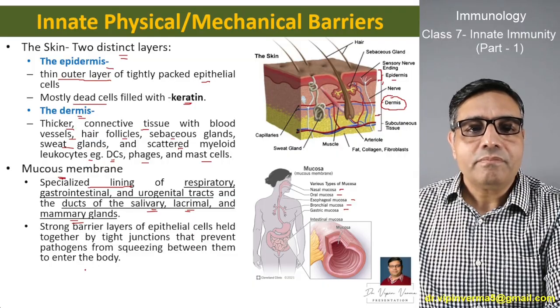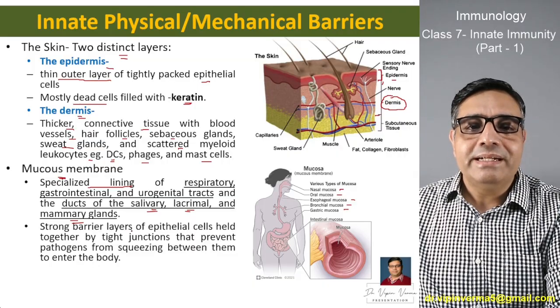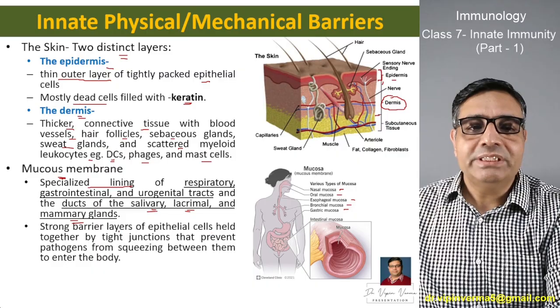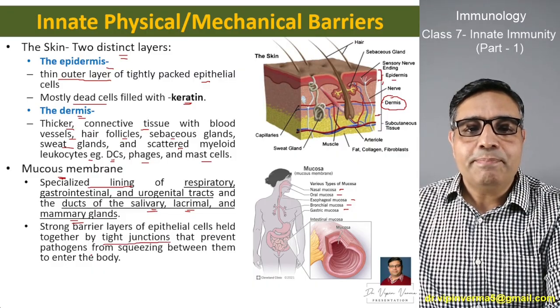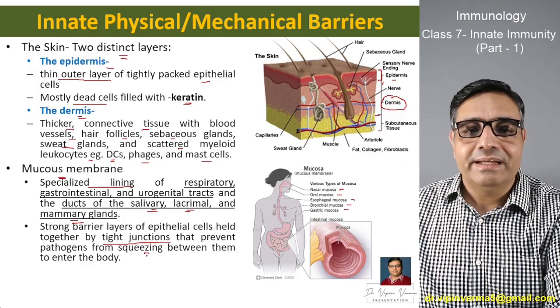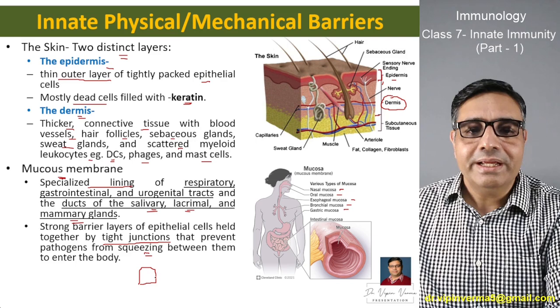They are strong barrier layers of epithelial cells which are held together by tight junctions that prevent pathogens from squeezing between them to enter the body. So what happens in the case of mucosa, suppose this is one cell and here we have another cell.